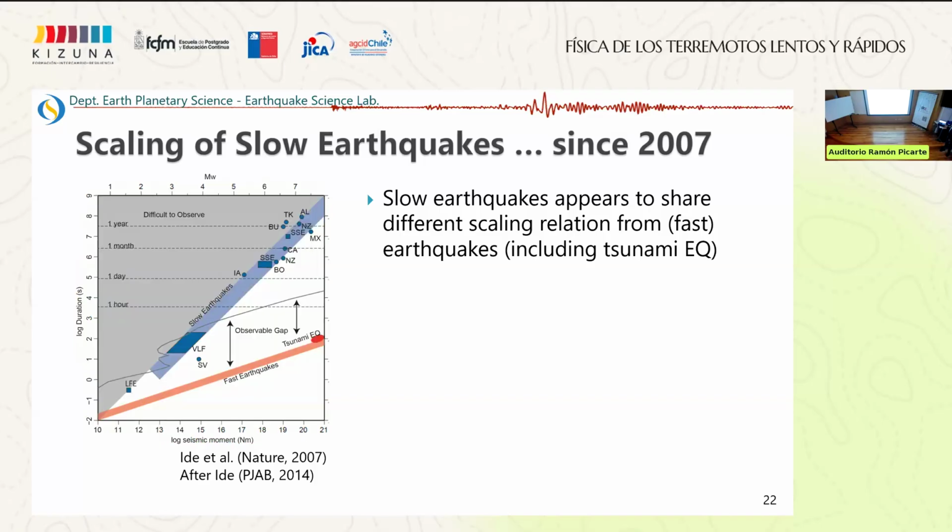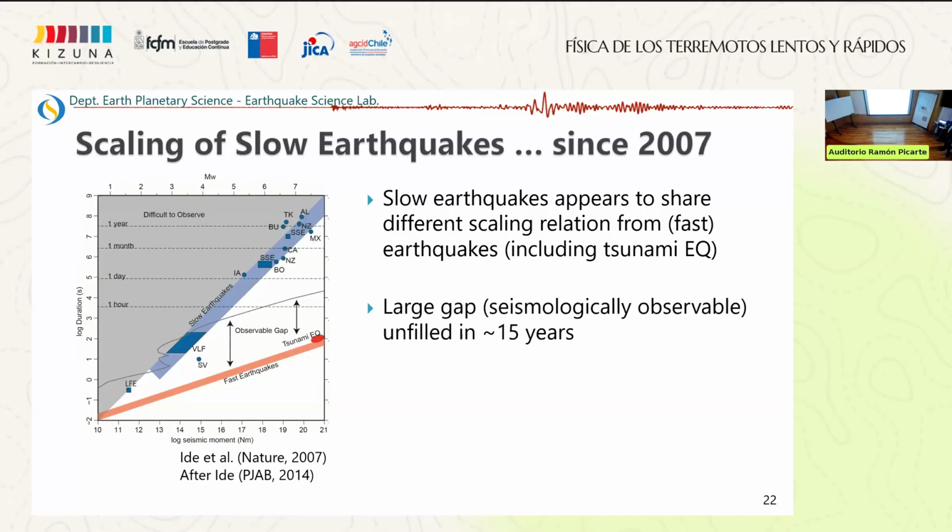And actually, there is an update in 2014, but still there are very large gaps here and here. So there are many criticisms of this idea. This large gap was left for a long time after the proposal of this hypothesis.